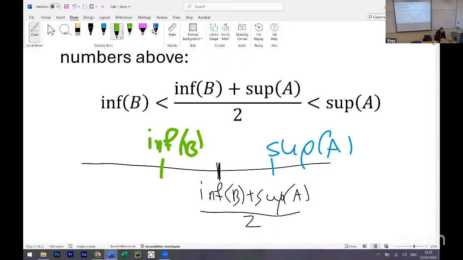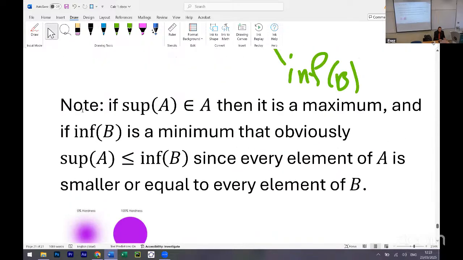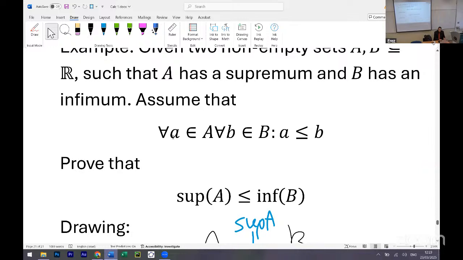So here I expect to find a B, and here I expect to find an A, and now I found actual elements of the sets which contradicts the data of the question that every element of A is supposed to be smaller than every element of B.